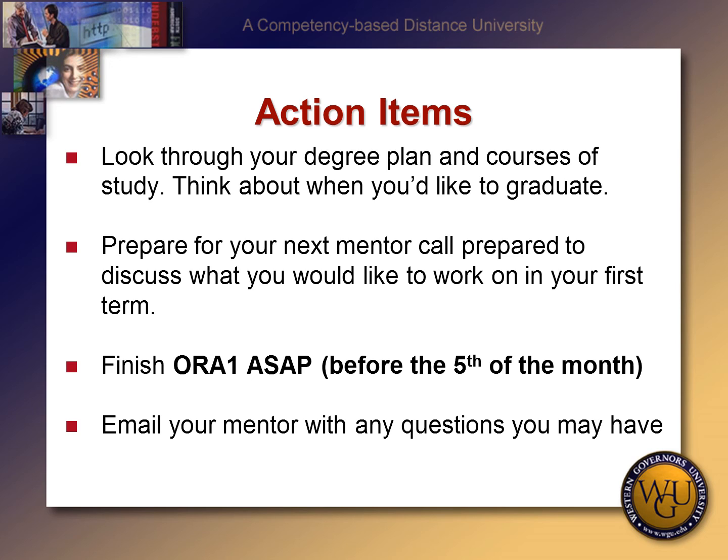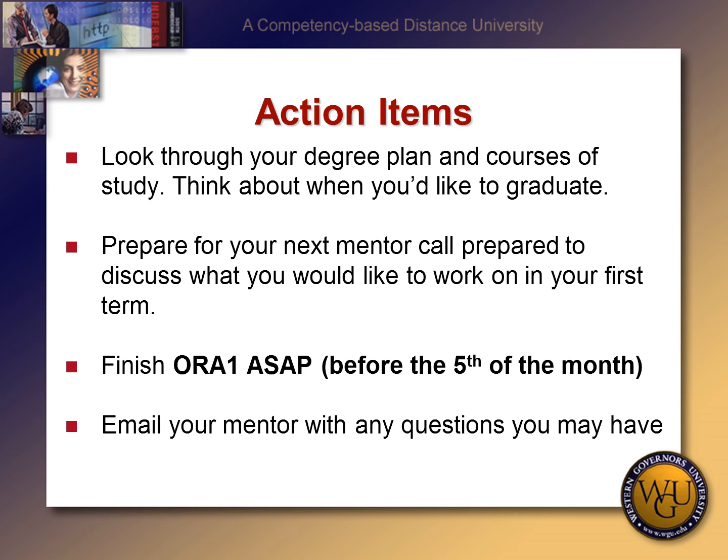Full time is 4 classes. That's full-time school. So saying that you're going to do 8 classes in 6 months is twice as much as full time. So make sure that you're thinking soundly and that you've worked out some of that. Prepare for your next mentor call and be prepared to discuss what you would like to work on in your first term.